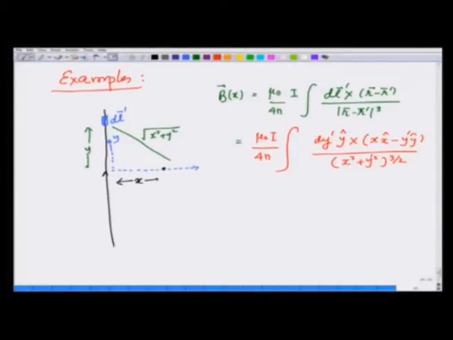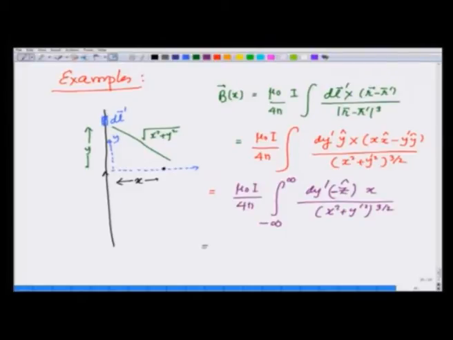This can be further written as mu 0 I over 4 pi, y prime varies from minus infinity to infinity, dy prime, y cross x gives me z with a minus sign, x, y cross y gives me 0, divided by x square plus y prime square raised to 3 by 2.